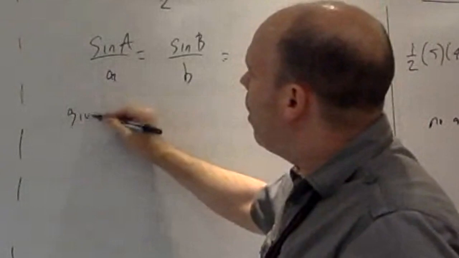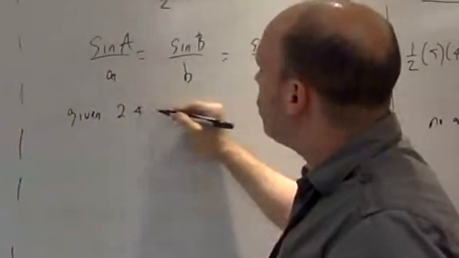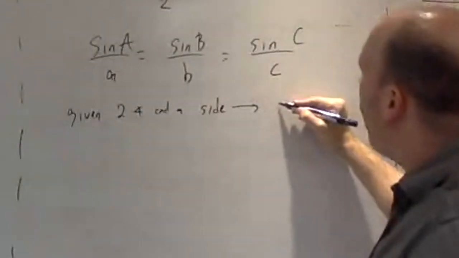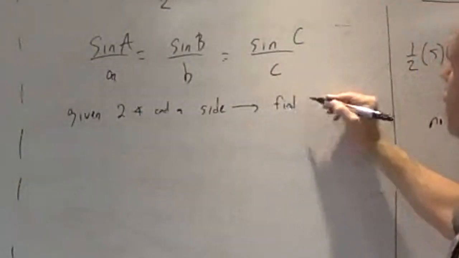So given two angles and a side, you can find the missing side.